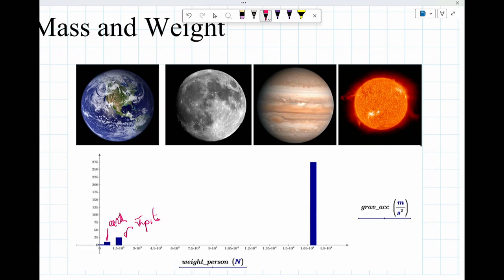I think this was 100 kilos. That's the moon, and here, the sun. So the same person going from the moon to the Earth to Jupiter to the sun will experience different weights. But the mass will always stay constant. Their mass is always the same as they traverse each of these locations.